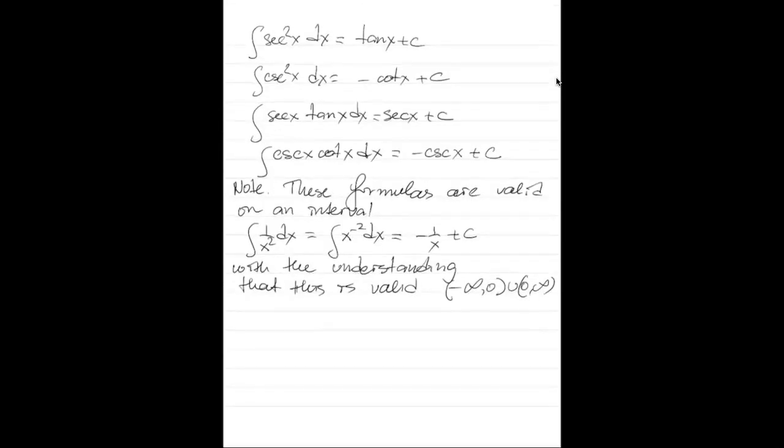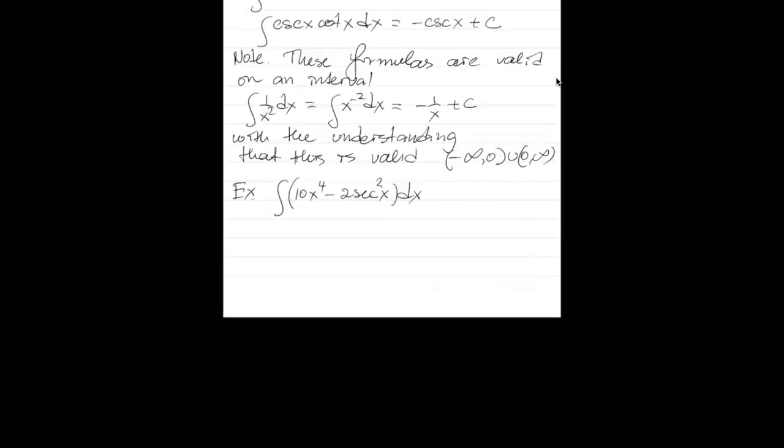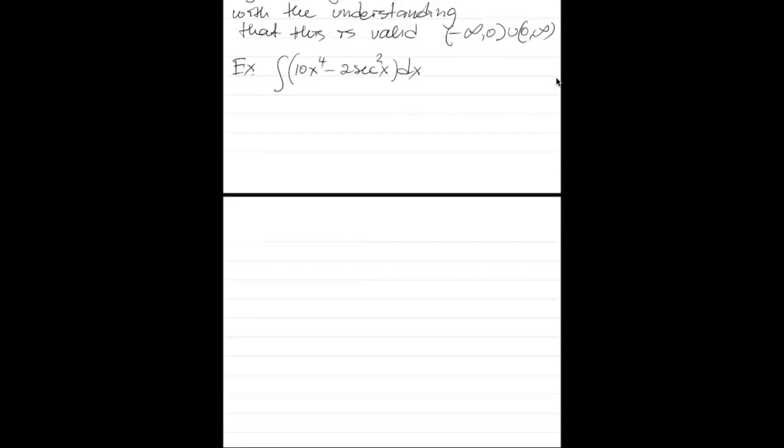Example. Find the general indefinite integral. So integral of 10x to the 4th minus 2 secant squared x dx. So we're going to use rule number 2. We have integral of a difference, and we can write this as integral of 10x to the 4th dx minus integral 2 secant squared x dx.